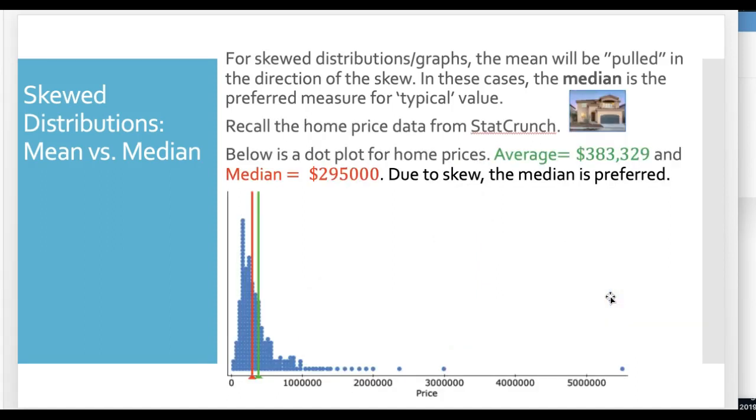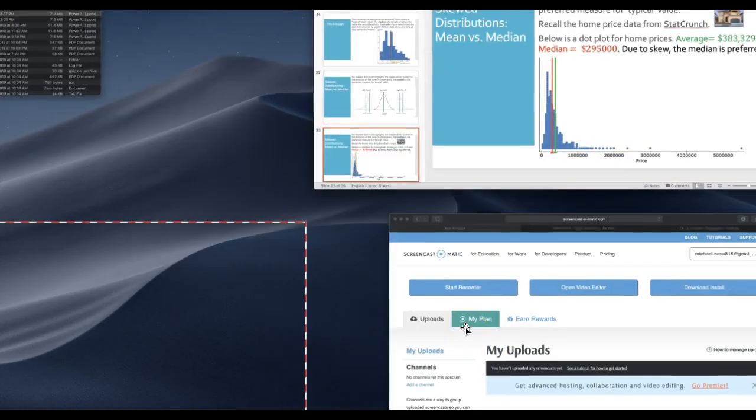In this example, I just want to show you, we were looking at home prices previously in California, and in this example, I created this dot plot here for the home prices, and I just want to go on StatCrunch just to show you how I did that.